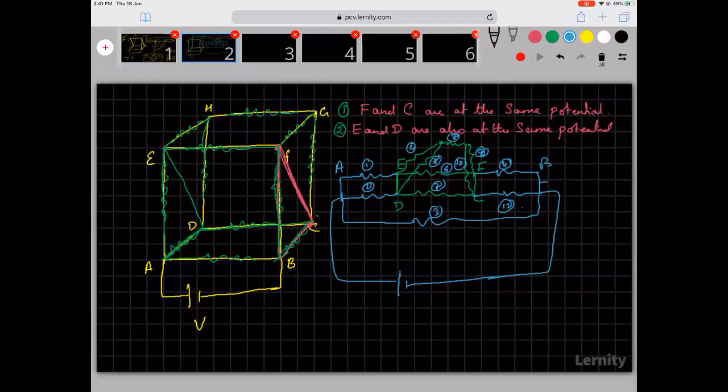These two are in parallel. These two are in parallel. They are all in series, in parallel, all in series. Now please work with them as simple series parallel circuits.